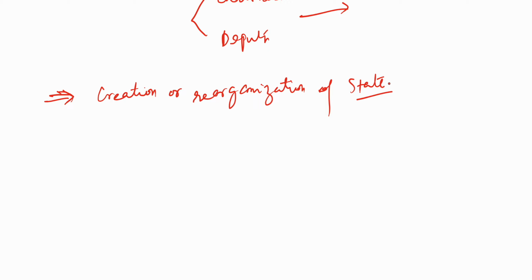Under which article? Anyone? Tell me, Article 2 or 3. Sir, Article 3. Okay. Sir, Article 2. You decide what you want to say. It's 2 or 3. And please, you need to speak up because I can't see that.